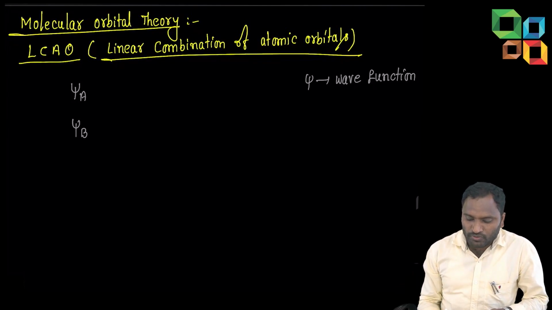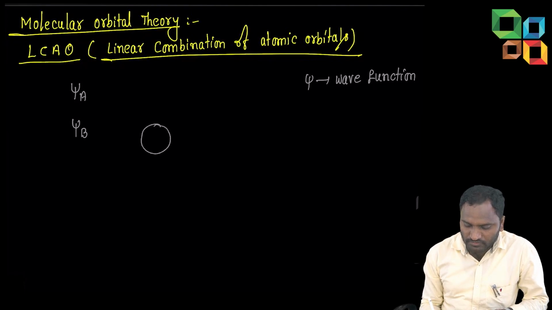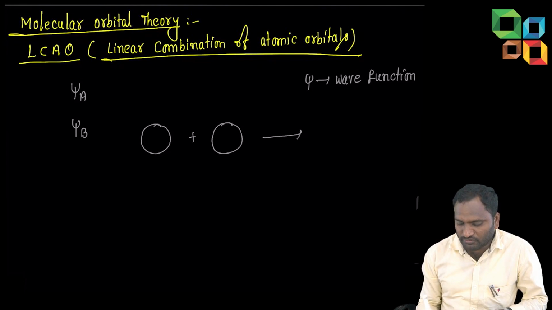So when these atomic orbitals combine while forming a molecular orbital, they come together like this.